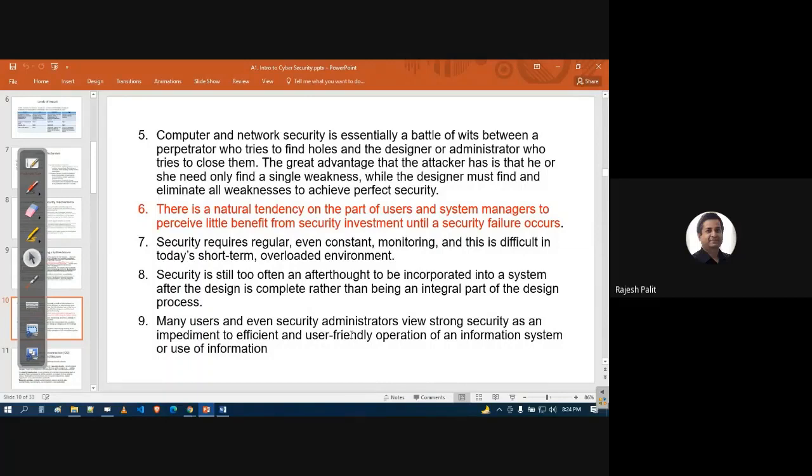But the problem is, if I am not at home, say I am in the office or somewhere else while traveling, and I don't take the hardware token with me, I cannot make transactions. I cannot make a transaction using my credit card, right? So that is an impediment to efficient and user-friendly operation, right?